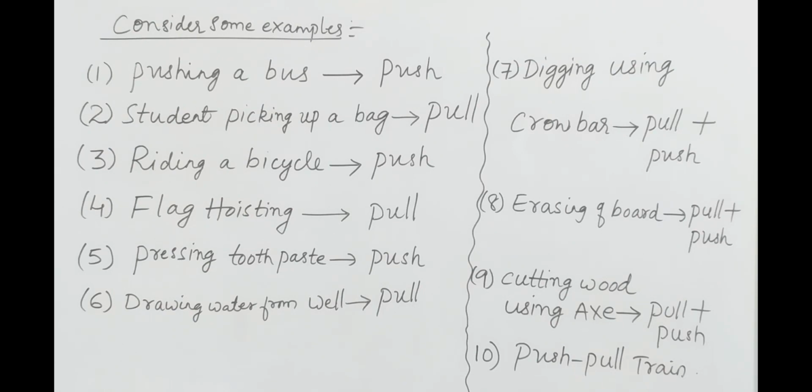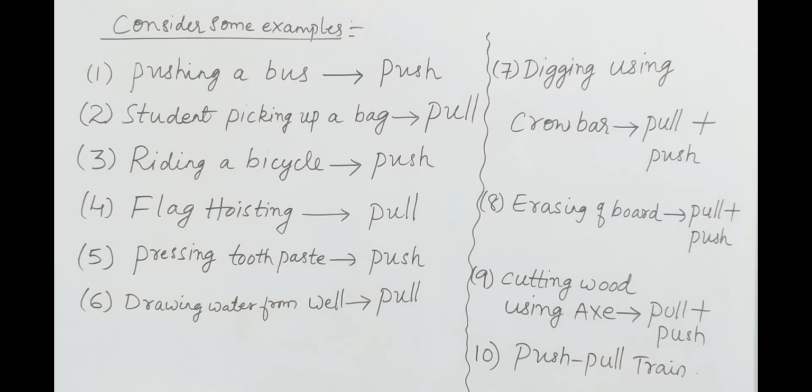And the third one is riding a bicycle. In this example, we are applying a force on the pedals using the feet, and you call that a push. Why? Because you are exerting an effort away from your body. The next is flag hoisting. In this case, the person will pull the rope towards himself, and we call it a pull.